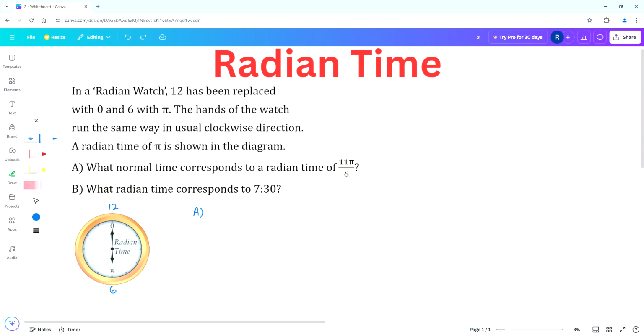The time shown in the given radian watch picture is pi because the hour hand has moved pi radians in the clockwise direction from the 0 position. That means the time pi in this diagram corresponds to the pi radian angle the hour hand has turned in the clockwise direction. We have to find the normal time for radian time of 11 pi over 6.